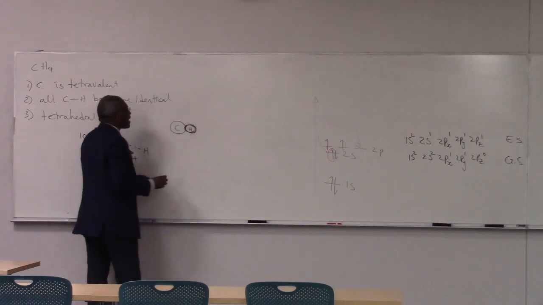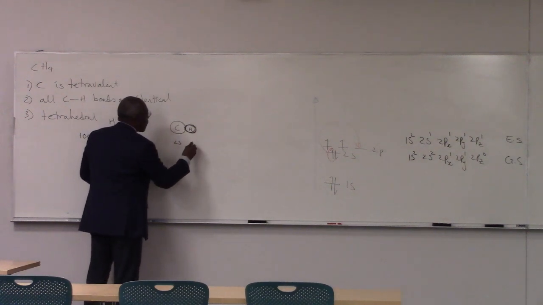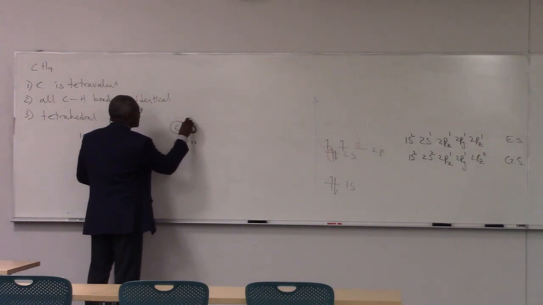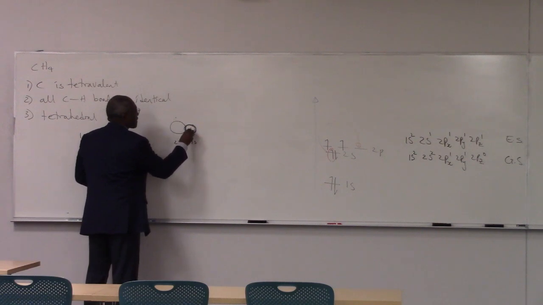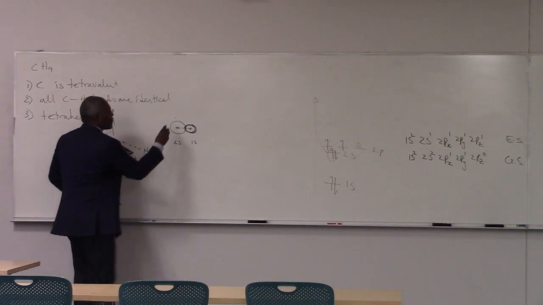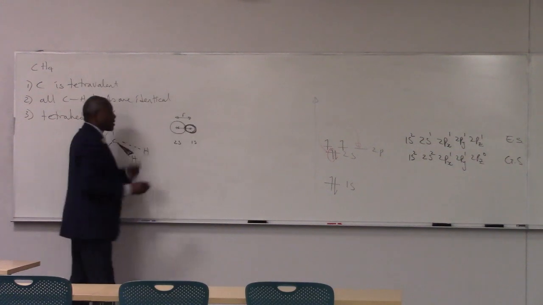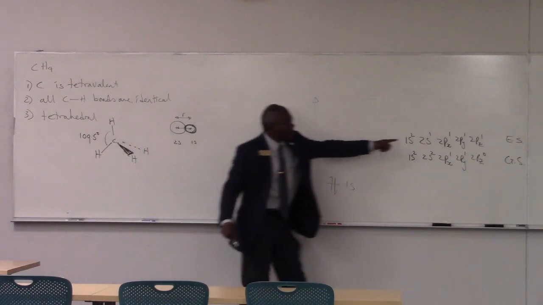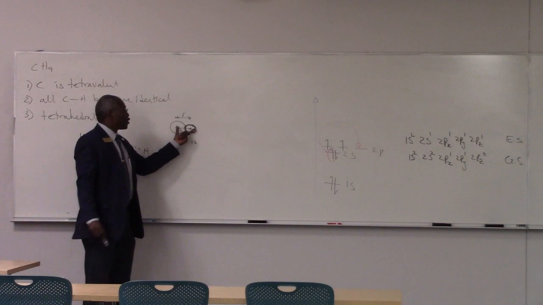If I draw that for CH, this is the 2s of carbon and the 1s of hydrogen. Here are the nuclei. I will get a bond that has that length. So my bond length R would be that number. So this is the 2s of carbon bonding with the 1s of a hydrogen. 2s, 1s, short bond.